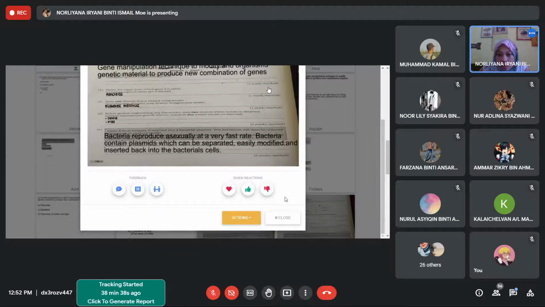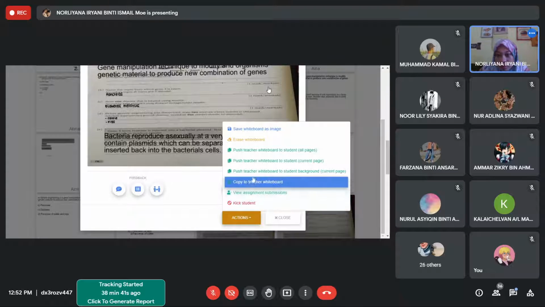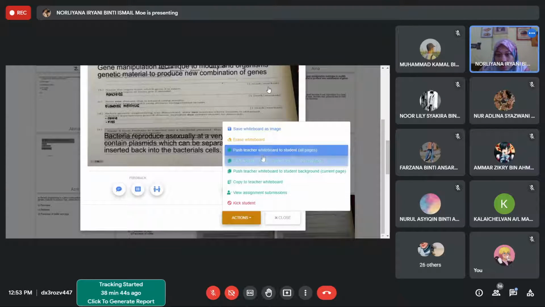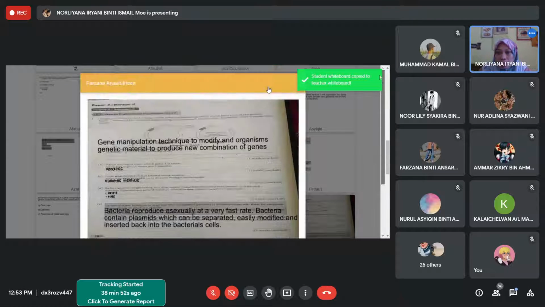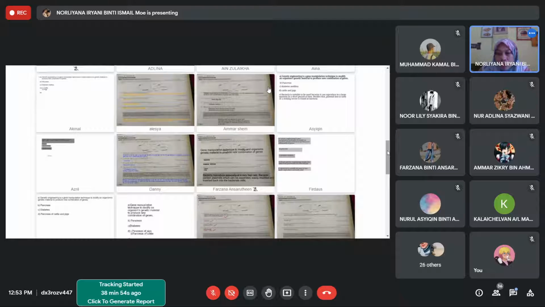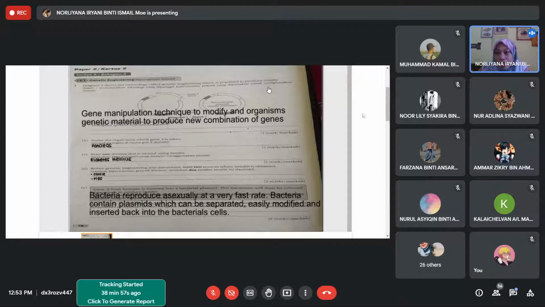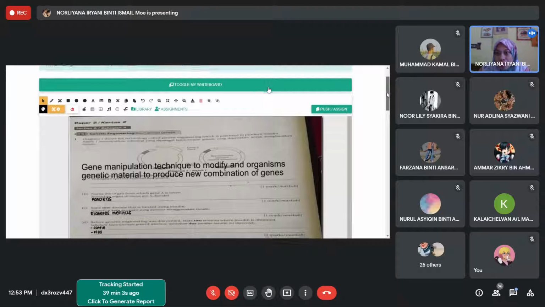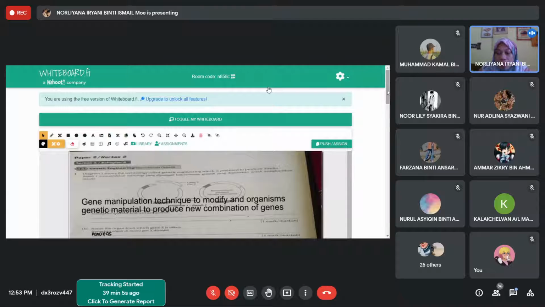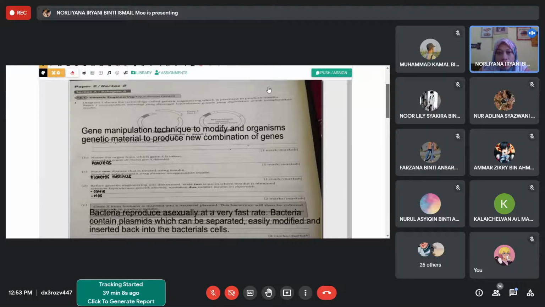Okay, I'll copy it to the teacher's whiteboard. So here is actually the correct answer. We have finished discussing this question. This is Section A, which contributes 2, 4, 6, 7 marks.